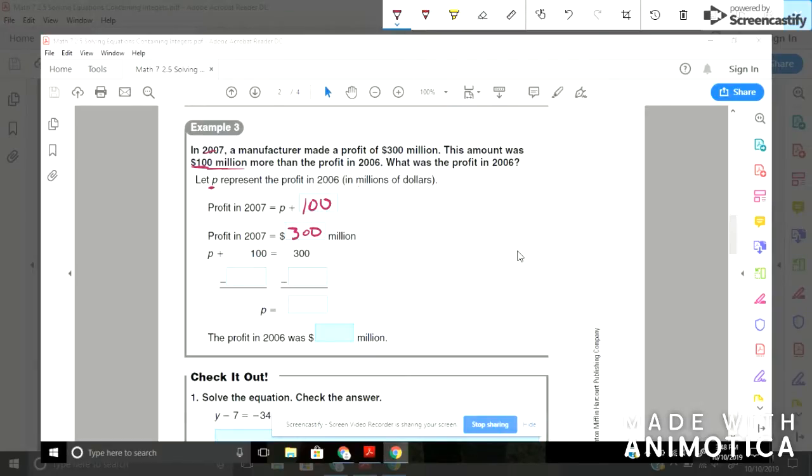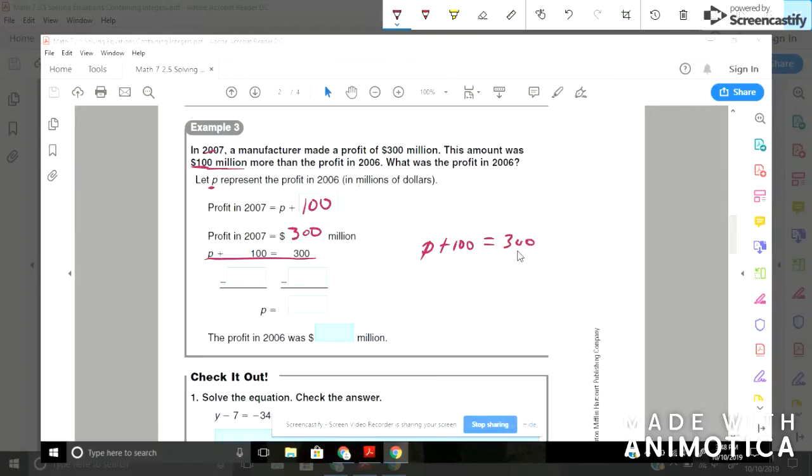Okay, so here's my equation that I'm going to use. P plus 100 is equal to 300, right? This equation right here. And what I need to do is start by asking myself, how do I isolate P? How do I get that all alone?